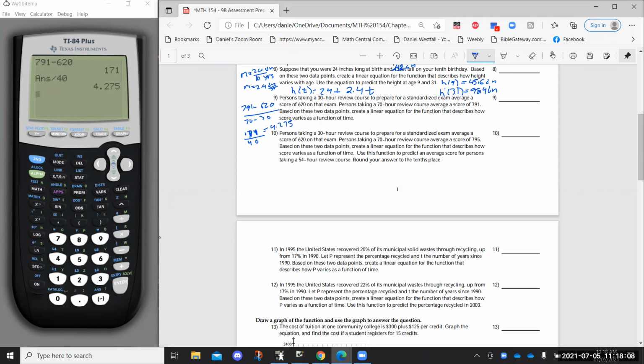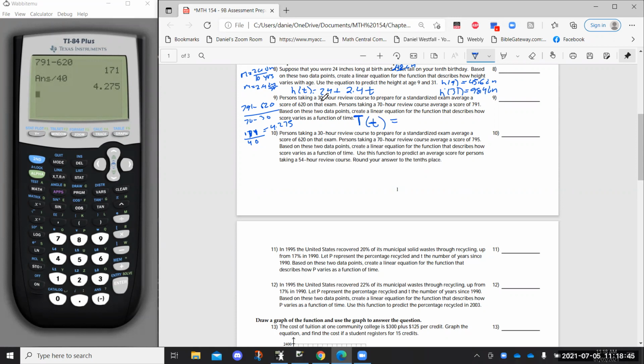It's going to be 4.275. So my function here is going to be, I'll call it T for test score, of little t time spent studying. Let's figure out what the zero score is.